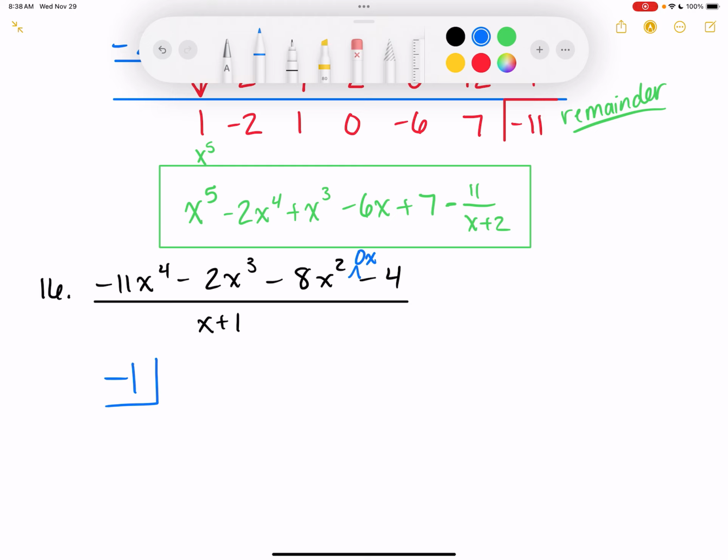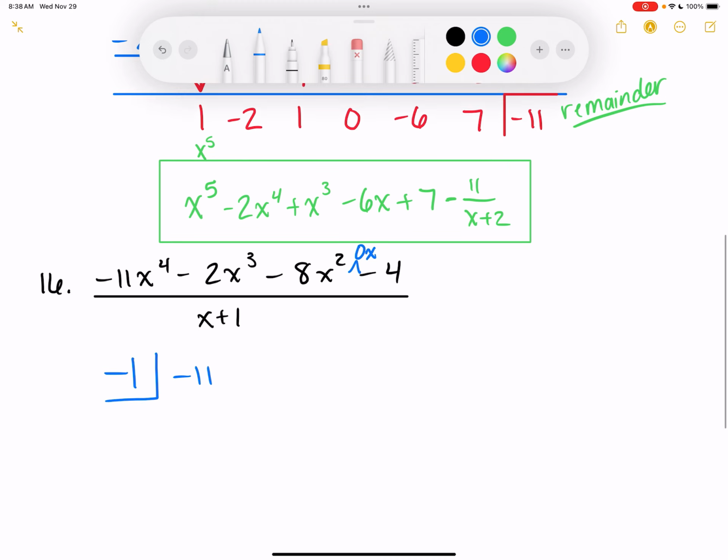Because I'll be honest, even sometimes I forget to write in the zeros when I'm doing problems. So that helps you remember, hey, I need to put these in. So negative 11, then negative 2, negative 8. Now I'm at my 0, and then negative 4.